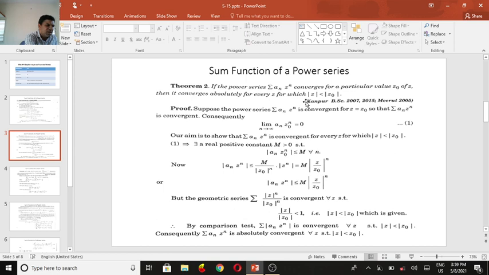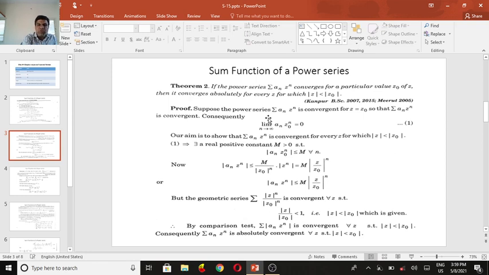To prove this, suppose the power series summation a n z power n converges for z equal to z naught, so the series summation a n z naught power n is convergent. Consequently, the limit as n tends to infinity of a n z naught power n equals 0.